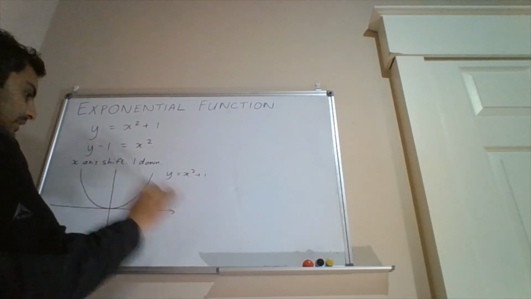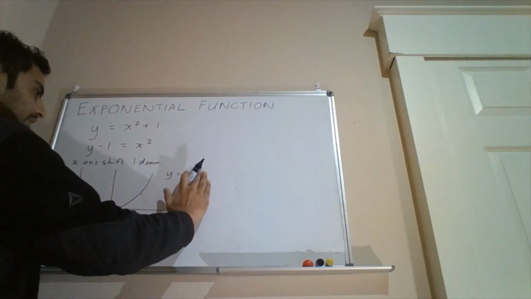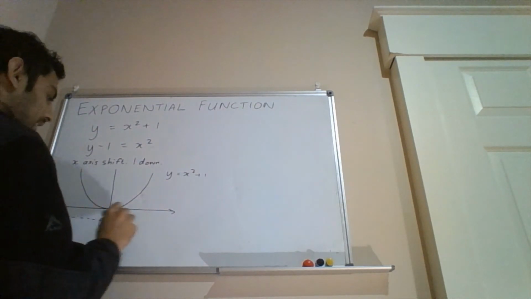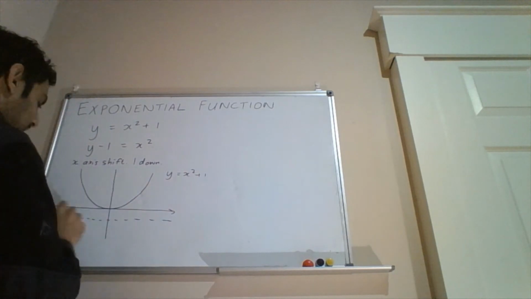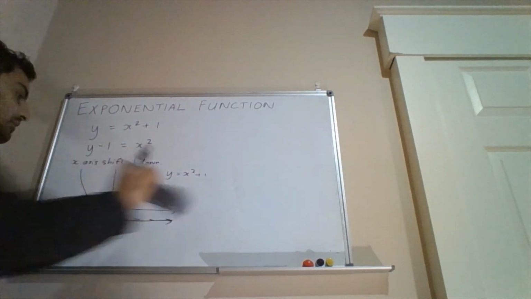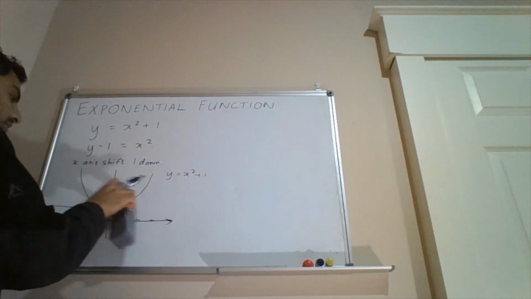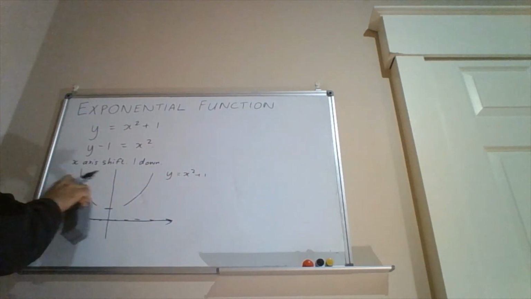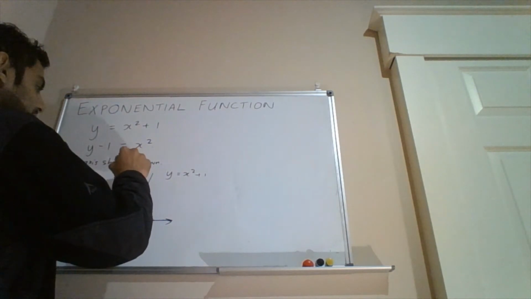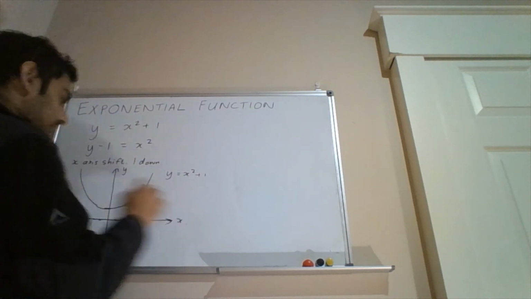So this is our old x-axis for the standard graph y equals x squared. And now we're going to move the x-axis 1 down. So that's our new x-axis, and I'm just going to rub out the old one. And our shifted graph looks like this. Okay?